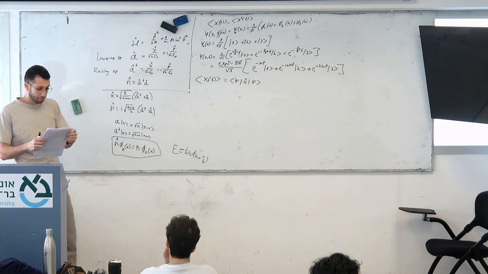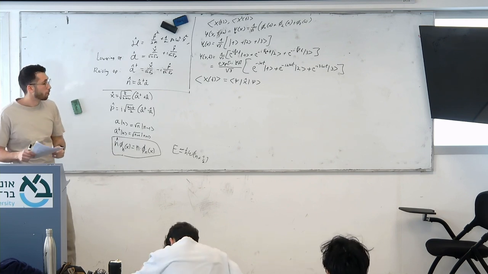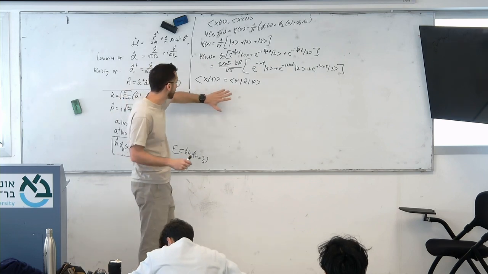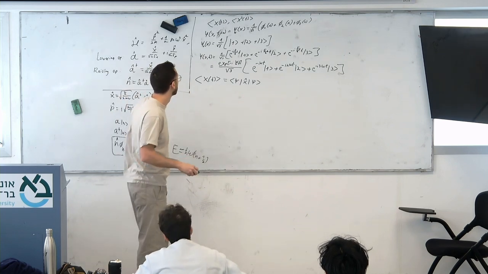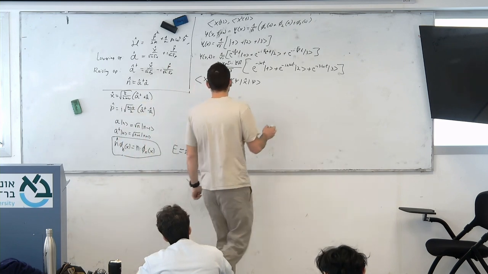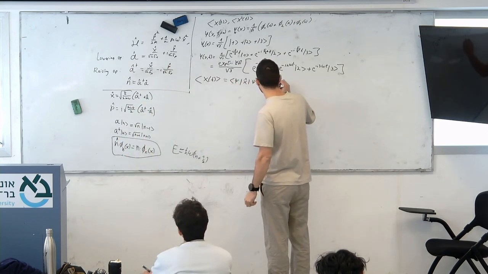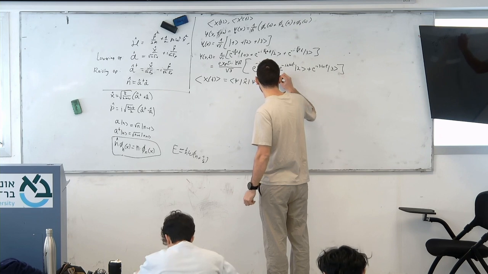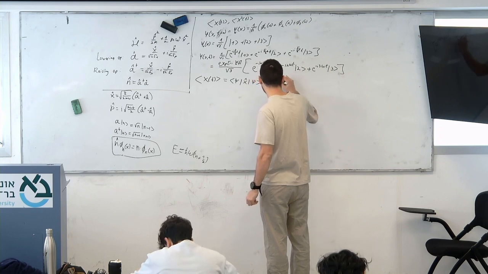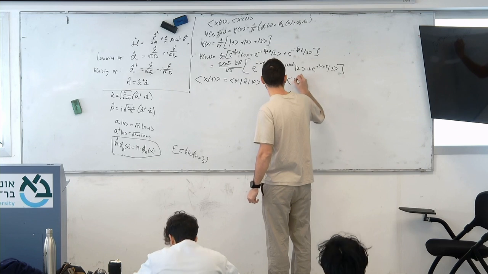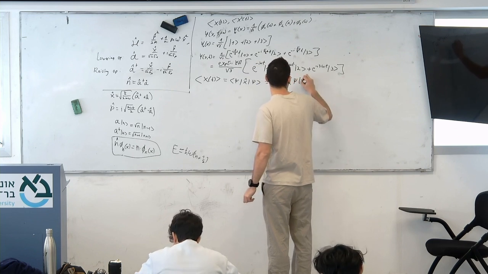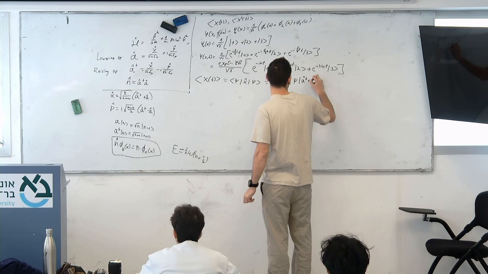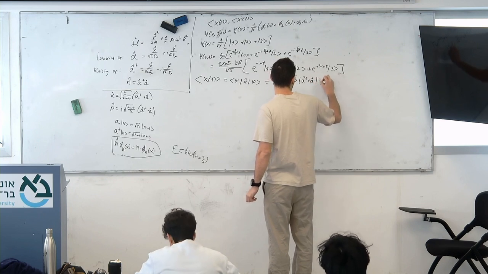Anyways, we want to solve this monster, which is equal to square root of h bar over 2m omega times psi, a dagger plus a, psi.